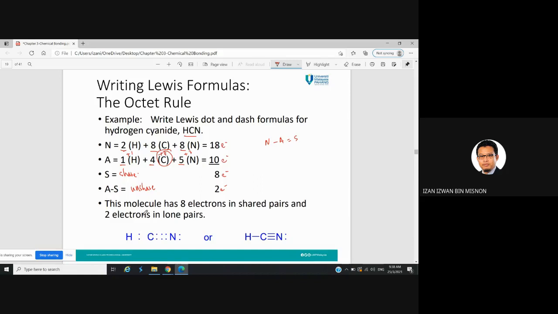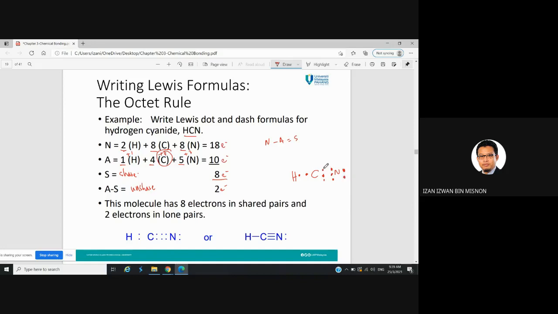Okay, so here we have identified that 8 electrons will be shared. Or we can draw it like this too. 1, 2, 3, 4. Hydrogen has only 1 electron, and nitrogen has 5 electrons: 1, 2, 3, 4, 5.